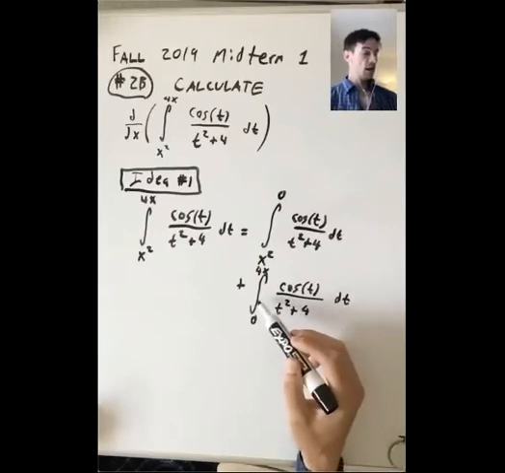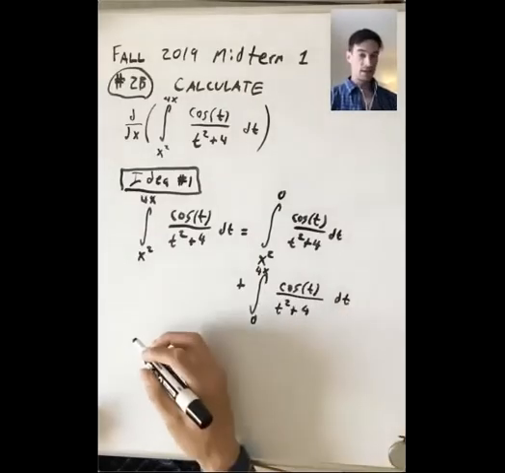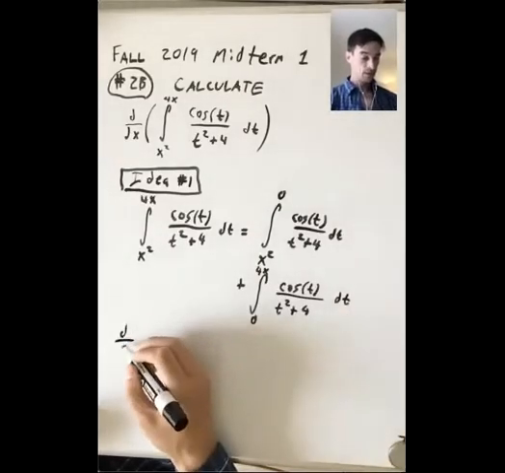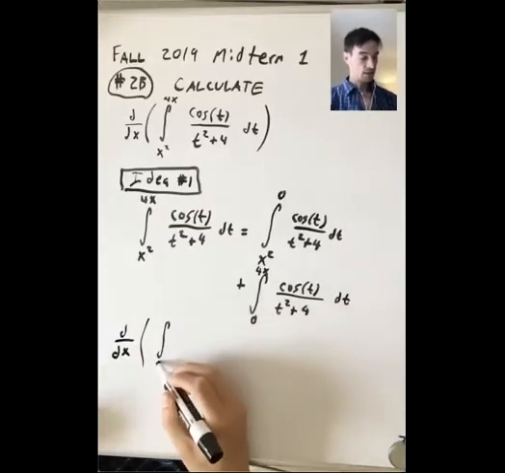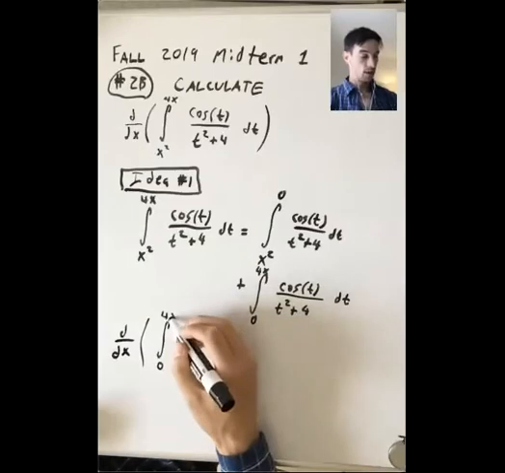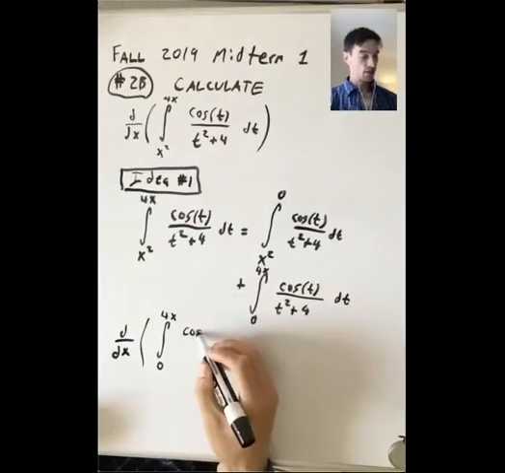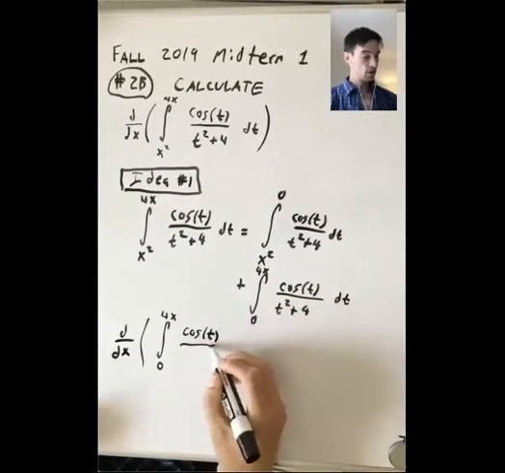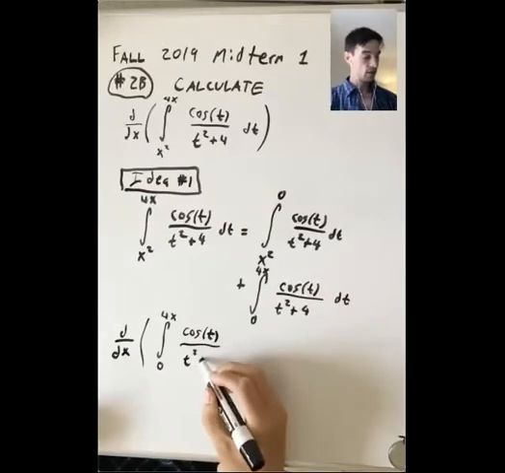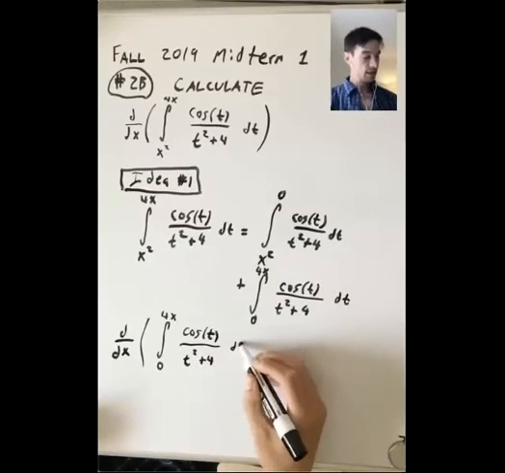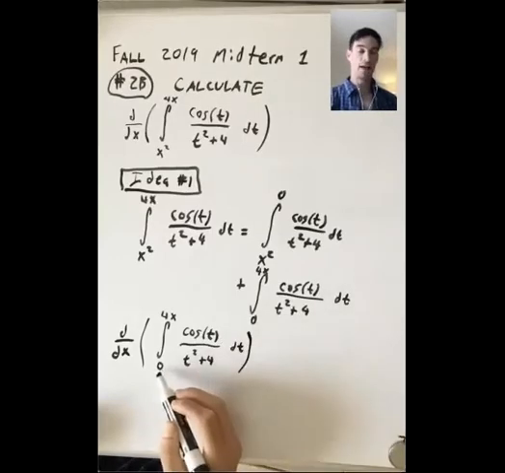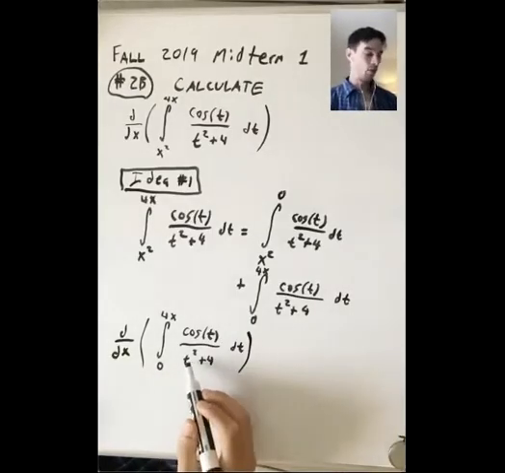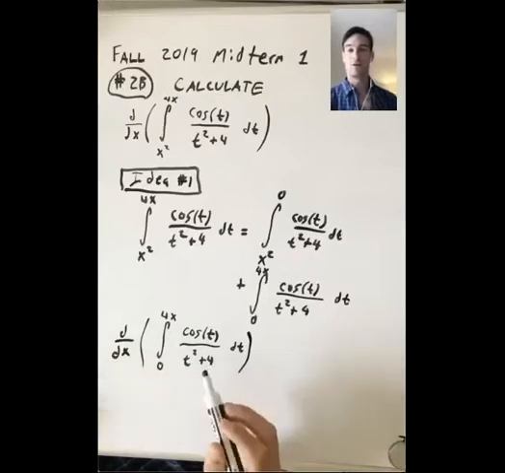I'll do the second piece first because it's a little easier. So d dx of the integral from 0 to 4x of cosine t over t squared plus 4 dt. Notice this function is continuous, so we don't have to worry about a point where the denominator is 0.